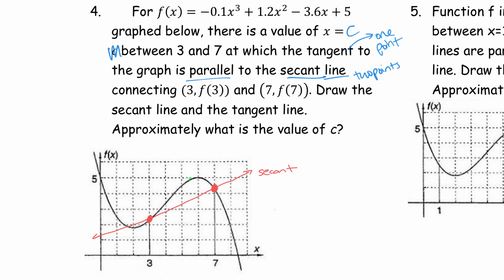So I think maybe right about here, if I draw the tangent line, it would be roughly parallel to that red line that I just drew. If I had to guess, this is at about 3, 4, 5, 6, 5.5 maybe? So maybe c is about 5.5. I'm just sketching this. It looks kind of parallel, that tangent line that goes at that little hump there.